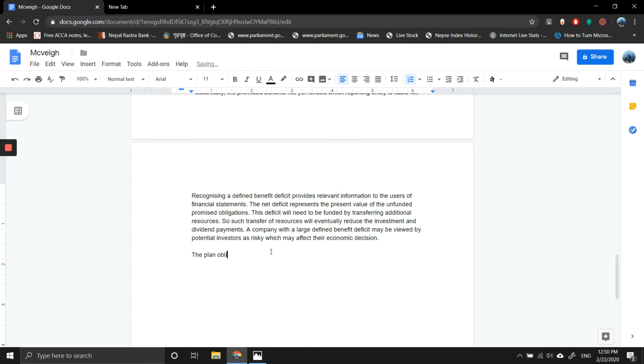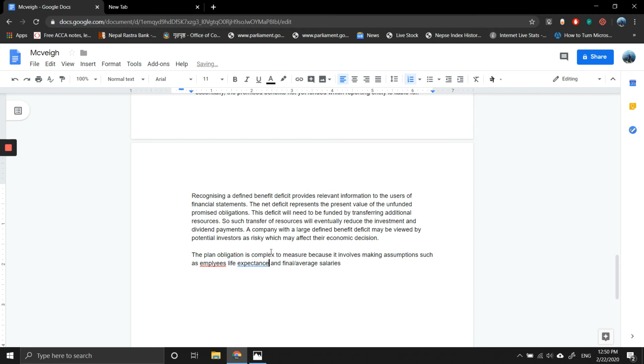An obligation is complex to measure because it involves making assumptions such as employees' life expectancy and final or average salaries.